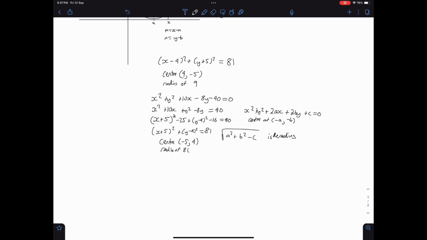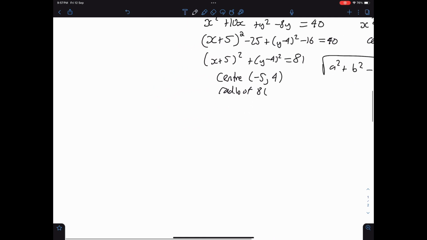Now that's fairly easy. Going from equation to centre and radius, very simple. But going from some information to an equation for a circle, now that can be a different story. Obviously, if it said centre of 6, minus 3, radius 6, very easy.